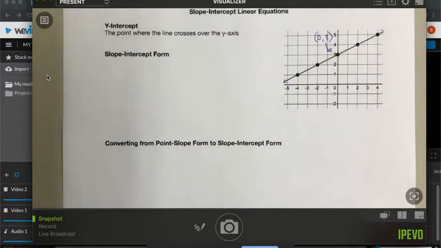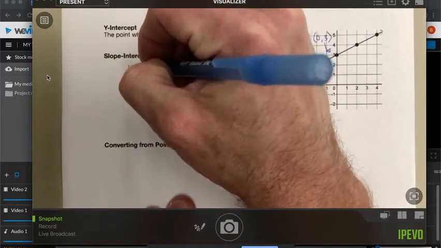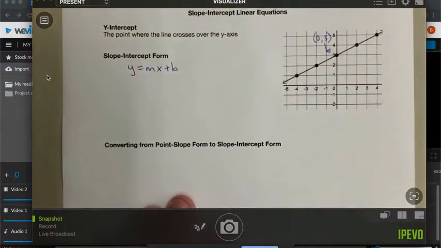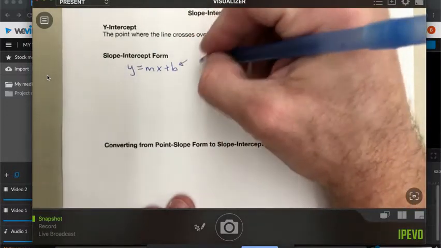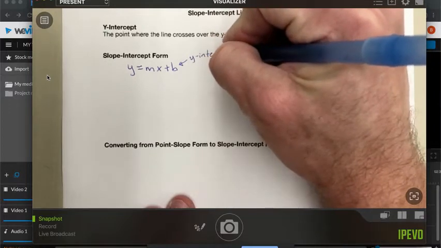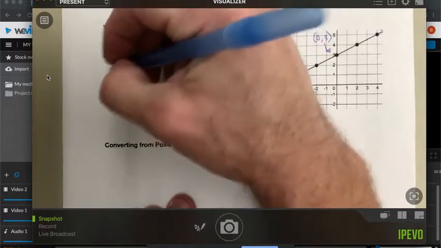All right, so just as a reminder, y equals mx plus b. And this is our y-intercept, and this is our slope.